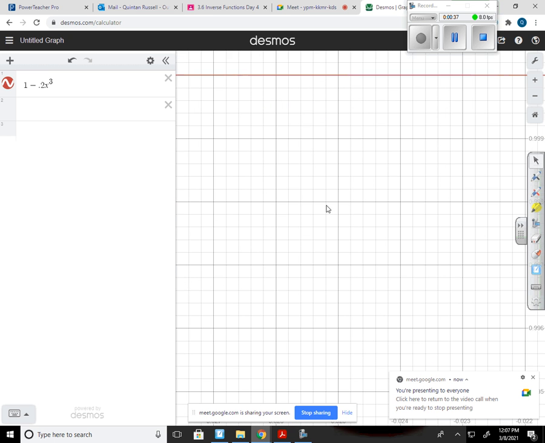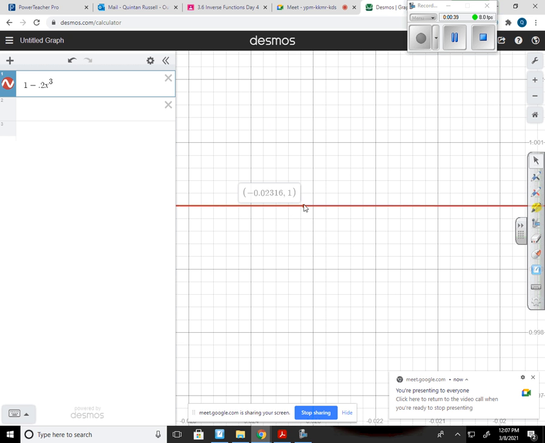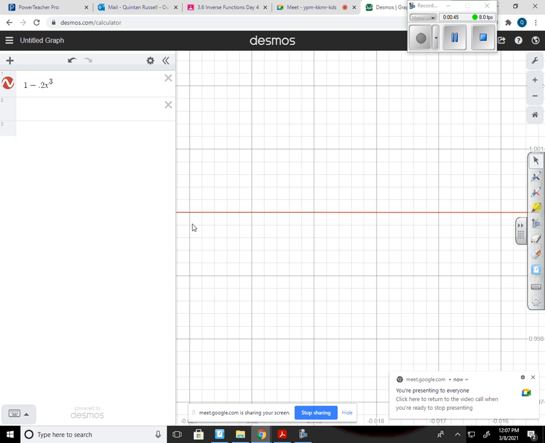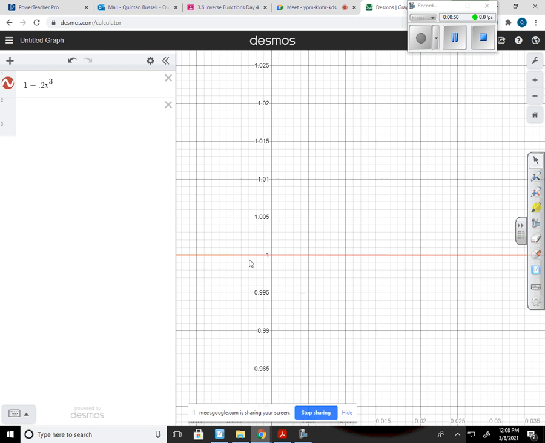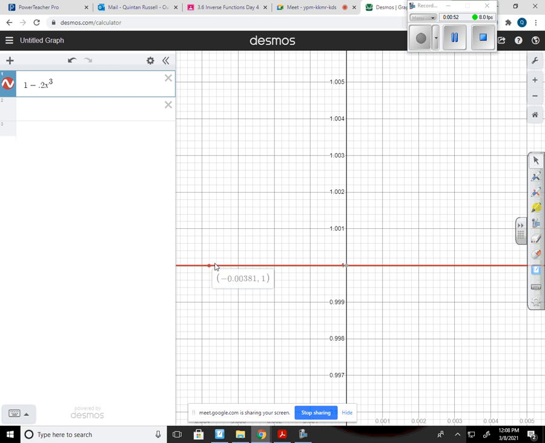I mean, we can keep zooming in and it looks horizontal, but if we use the trace function, you see that this is still dropping. And every time we zoom in, I think last time we didn't zoom in far enough, but every time we zoom in, it hits a certain point where it'll stop dropping. But just because it stops does not mean we shouldn't zoom in further.